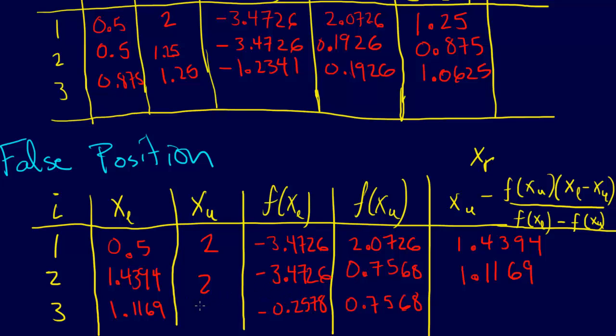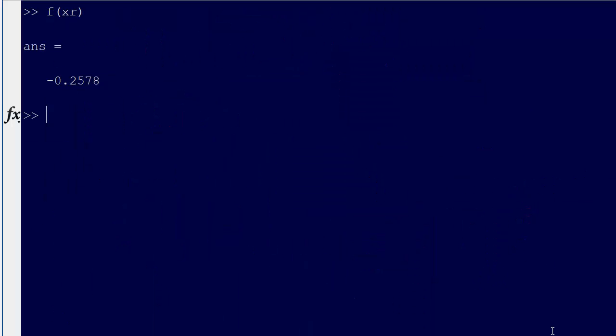Because when that was evaluated, it was minus 3. Yeah, 2. 0.78. Yeah. All right, and now we just have to get our current guess, and then we're done with our third iteration.